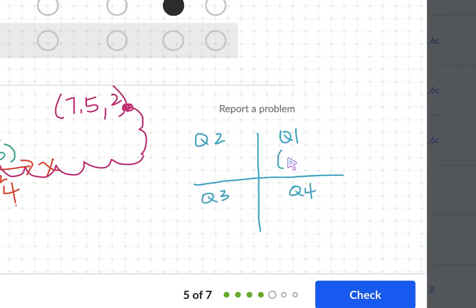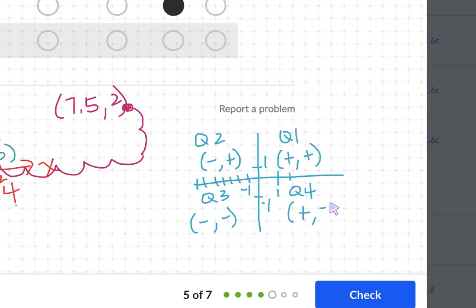Quadrant 1 starts off and it's positives and positives. Opposite of that is my negatives. Okay? And then here's where it gets a little tricky. Here are my negative x's. So negative is going to go first here and then positives. Positive for the y's. And then here is going to be the opposite. Positive for the x's. And then negative for the y's.